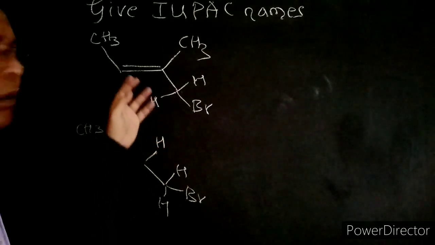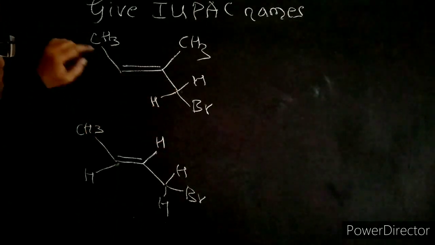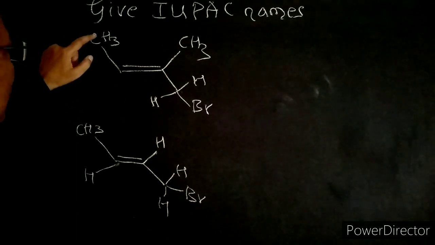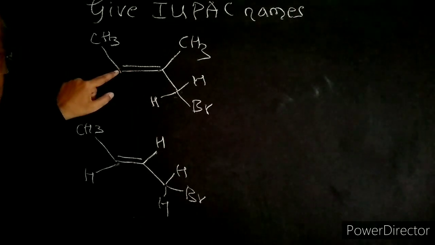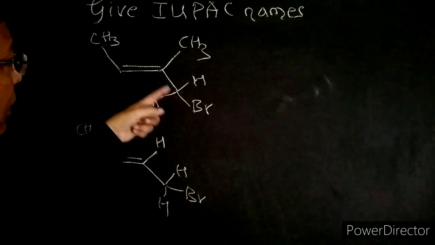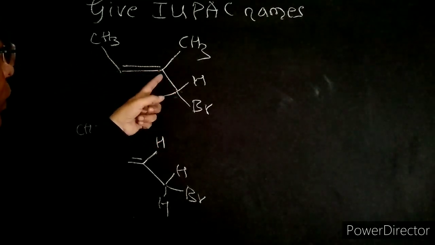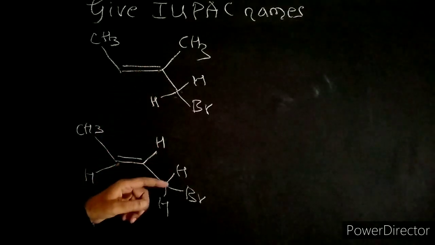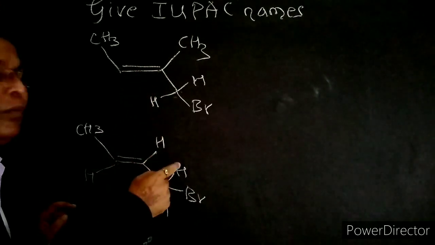If you see this example, if we carry out the counting of the longest chain from this end, 1, 2, 3, 4, the double bond starts from the second carbon atom. And if you start counting from this end, 1, 2, 3, 4, from this end also the double bond starts from the second carbon atom. So the preference should be given to that side which has more number of substituents.